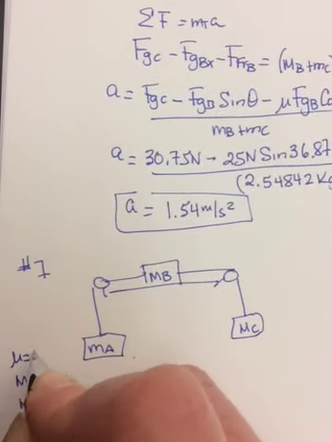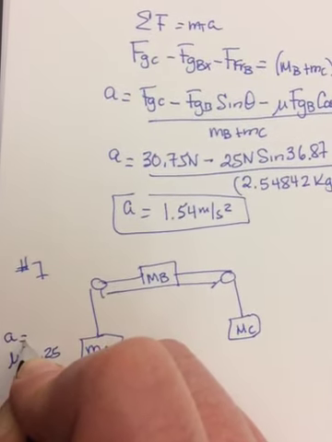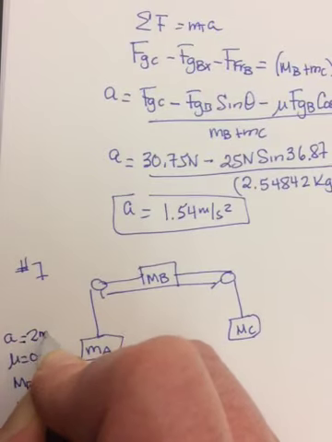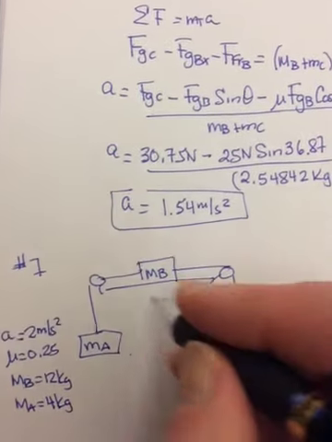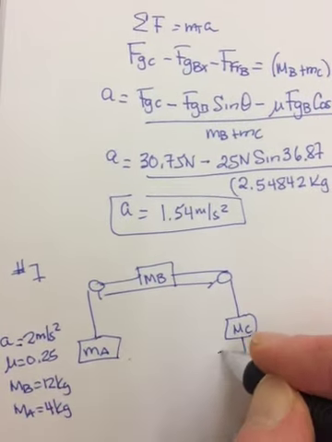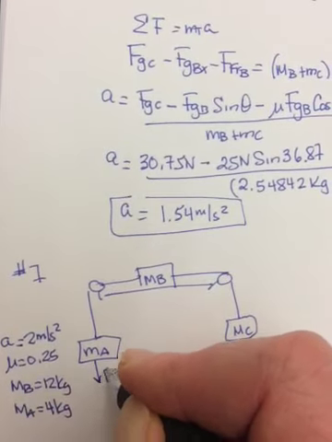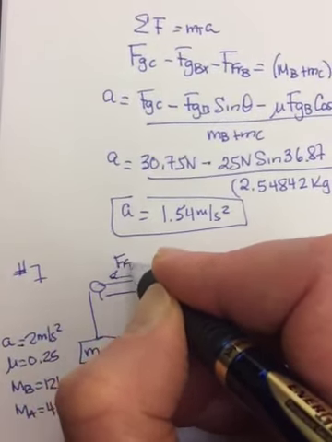So mu is 0.25. The acceleration of the system is 2 meters per second squared. And you want to find mass C, and it says it's moving to the right, so this way is positive. Okay? And this way is negative. And that also means that friction is acting back like this.